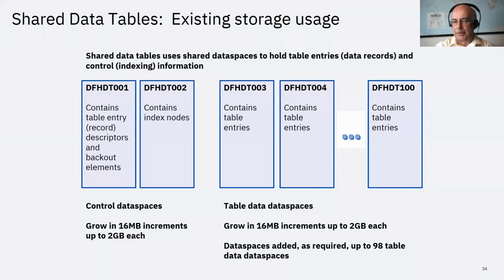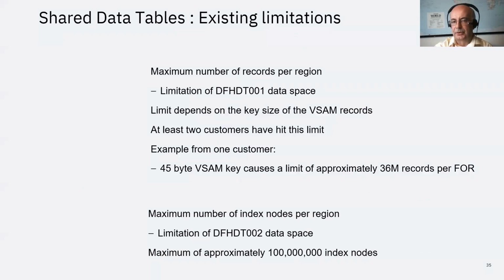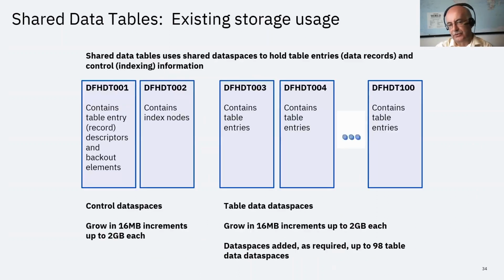The problem that the customer who came in with this RFE was experiencing was a capacity issue: they were running out of space in these two control data spaces, DT001 and DT002.